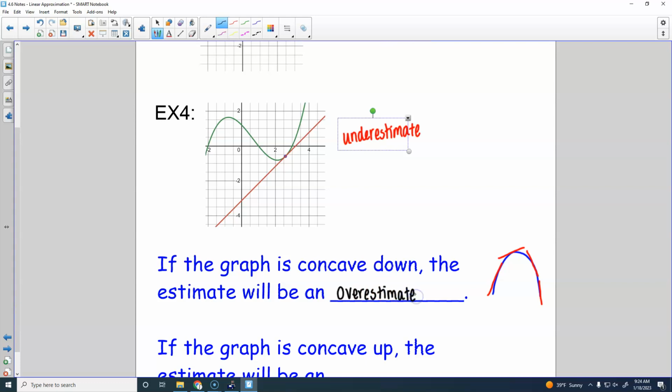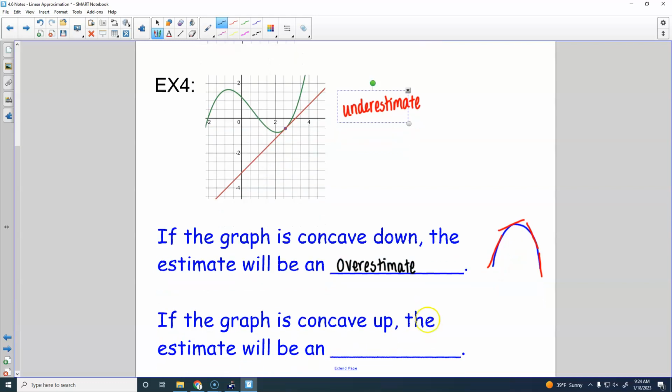So, sometimes I forget which one we're dealing with here. So, if you draw a concave down graph and draw in your tangent lines, all those tangent lines are above the graph. And if they are above the graph, that means the tangent is higher than the actual, so it's an overestimate.